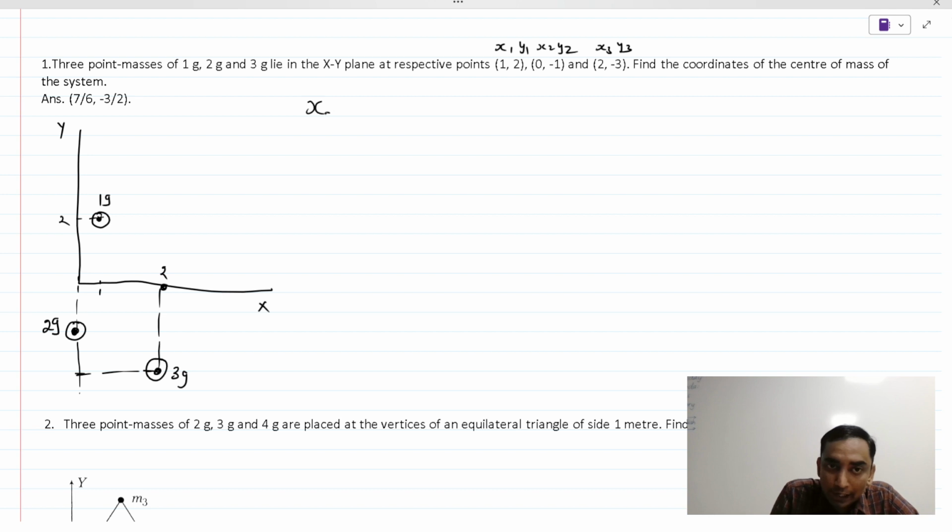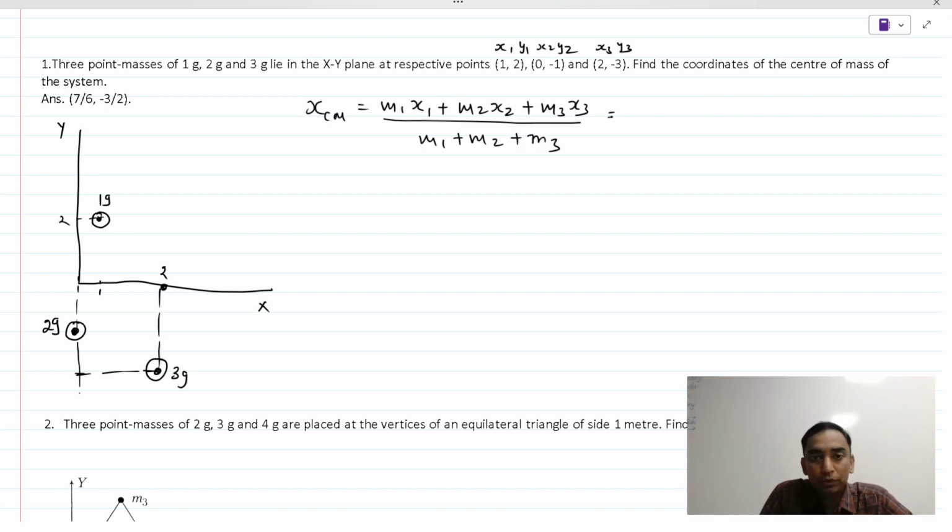Let's find the coordinates. xcm is equal to m1x1 plus m2x2 plus m3x3 upon m1 plus m2 plus m3. So simply I'm going to substitute: m1 is 1 gram, x coordinate is 1, plus m2 is 2 gram multiplied by x coordinate 0, plus 3 gram times the x coordinate 2, divided by the sum of the masses, 3 plus 2 plus 1, so basically this is 6.